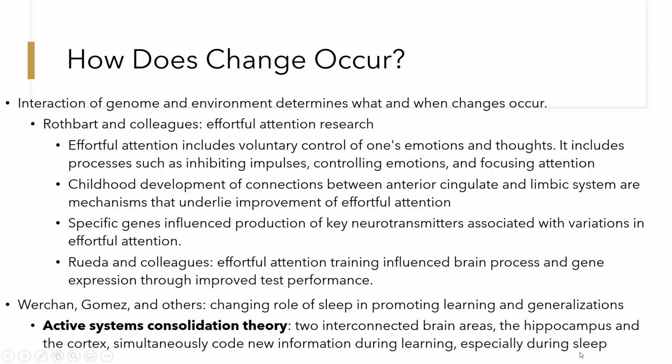So sleep is important for learning. Again, how do these developmental changes occur? We need this research so that we understand how the biology works and how the environment works to lead to development.